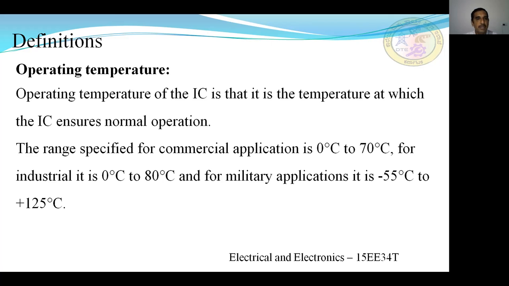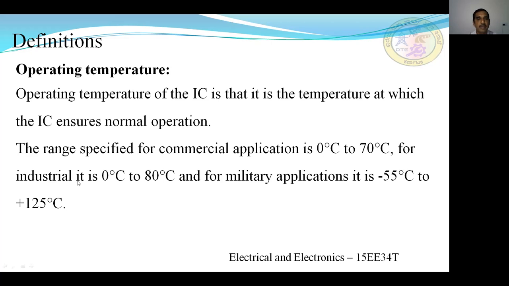So we can see here, the range specified for commercial applications is 0 degree centigrade to 70 degree centigrade. This is the operating temperature for the ICs used in commercial applications. You can see many appliances and many things, so from 0 to 70 degree centigrade they will operate comfortably.